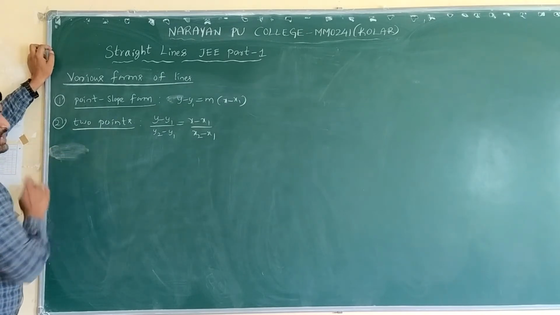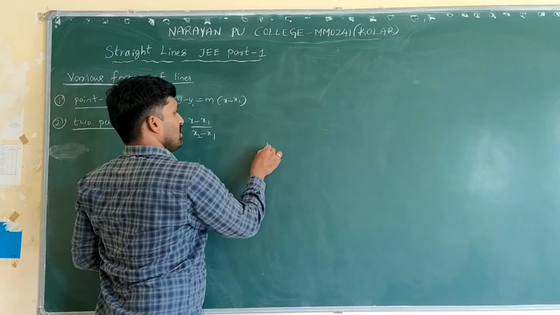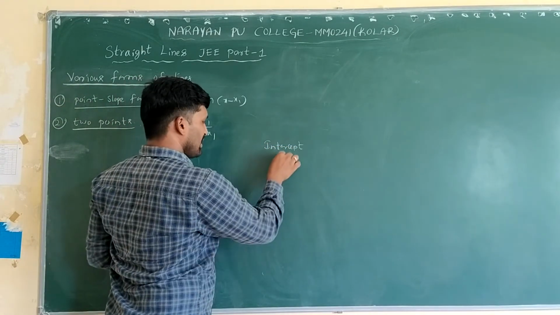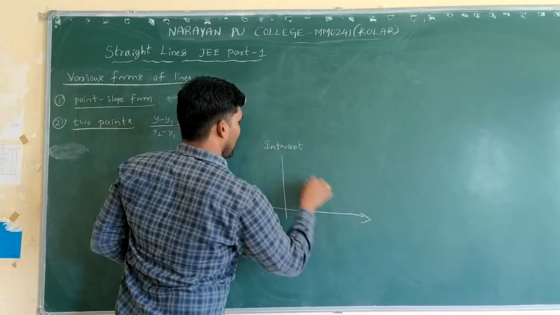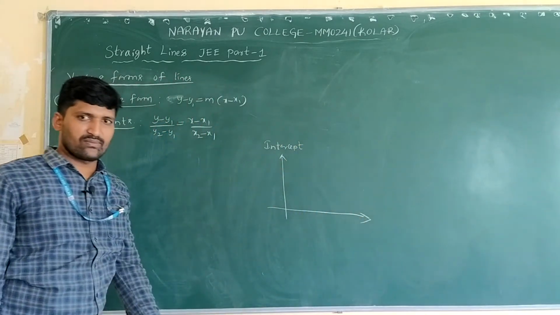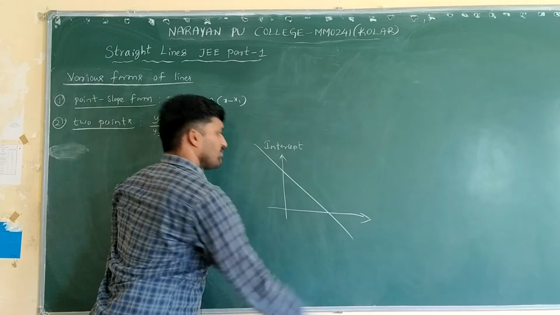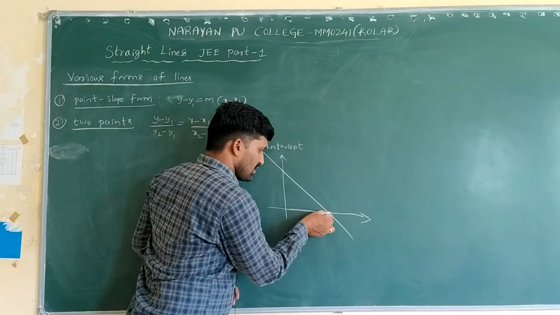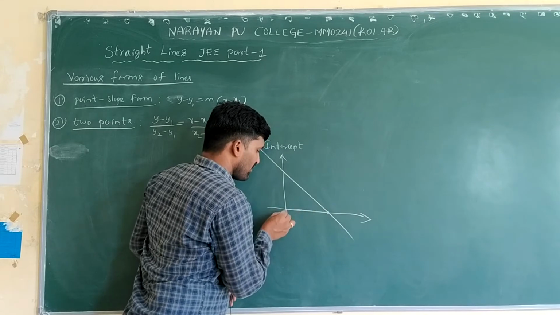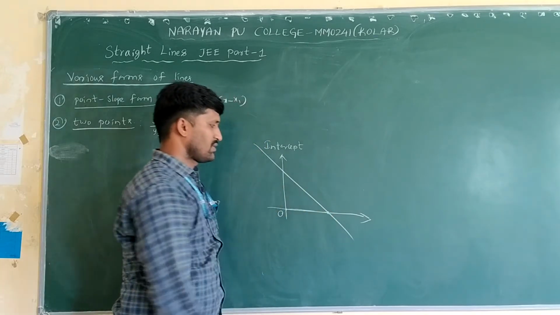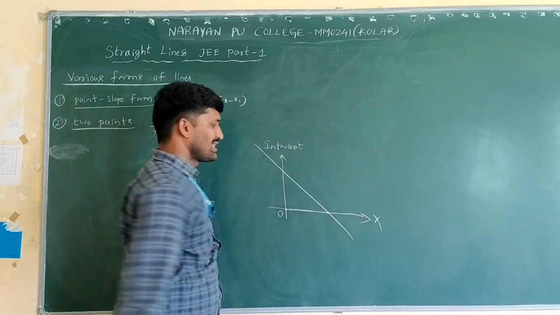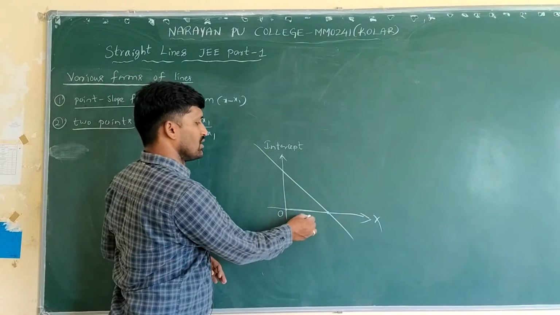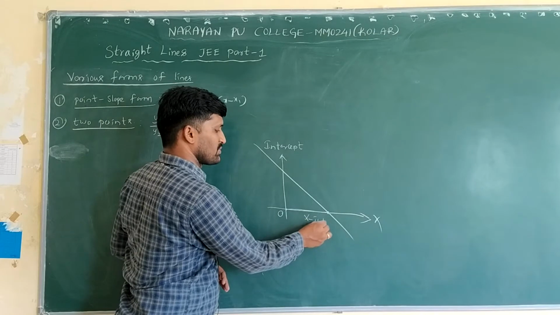Before that, what is the meaning of intercept? The intercept is nothing but where a line cuts the axis at any one point. For example, what is the distance from the origin to this point? If you are measuring this value along the x-axis, we call it the x-intercept.